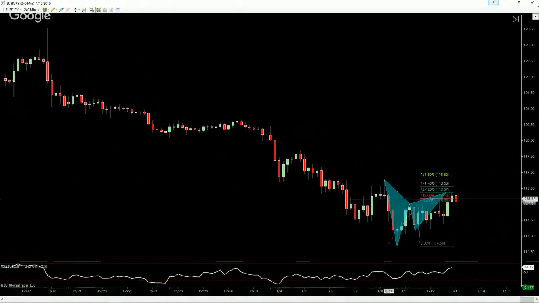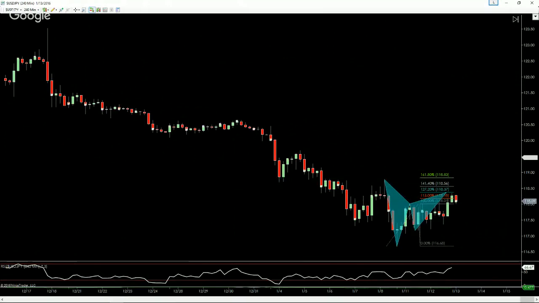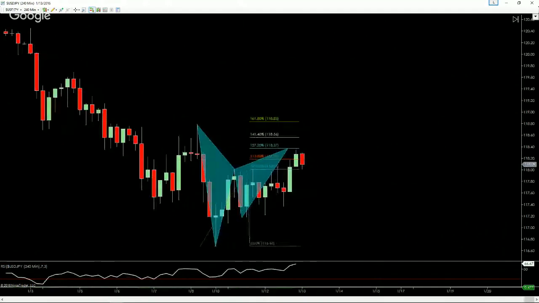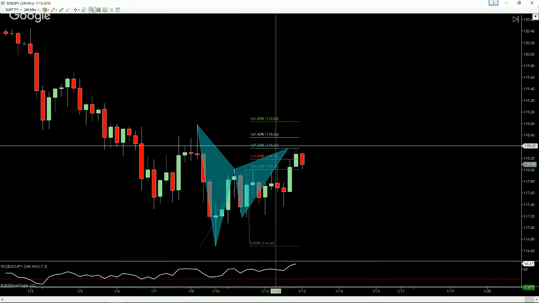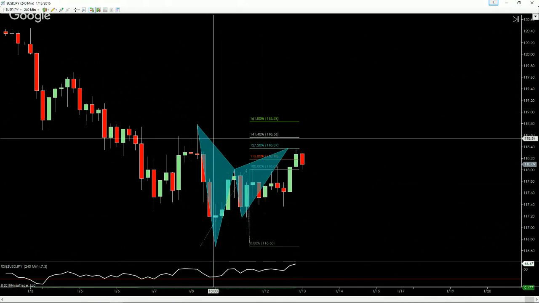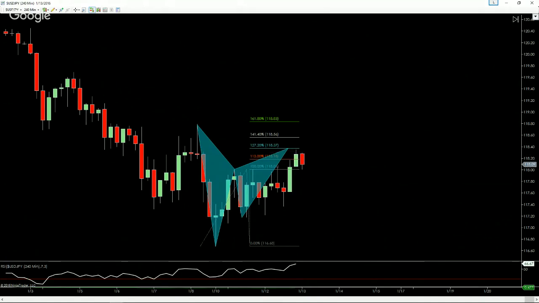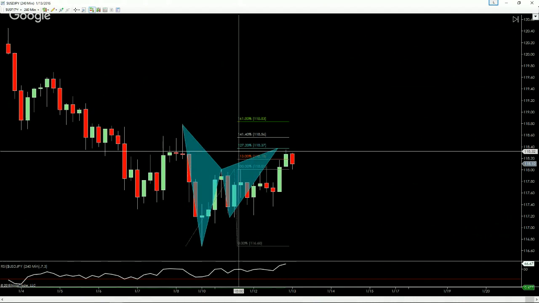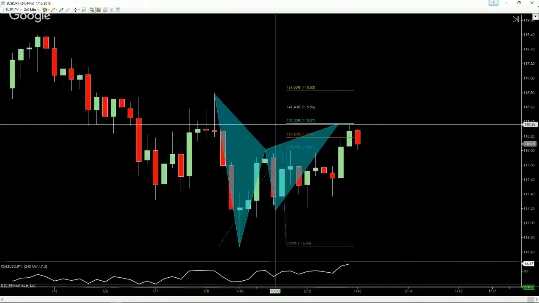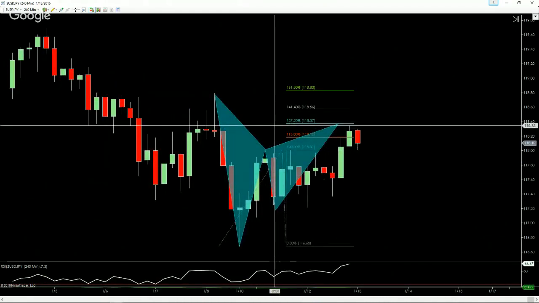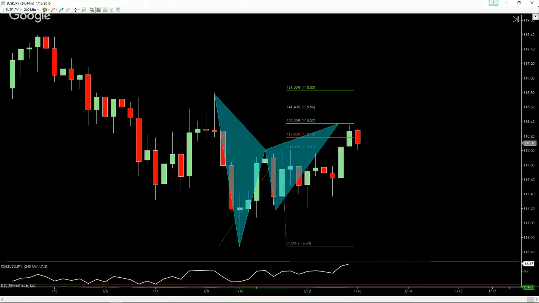240. We have that Gartley that we identified yesterday. If you took it at the 127, which is the traditional Gartley, you should be filled on there. Of course, usually you do go a little bit before that just to help with the fill.